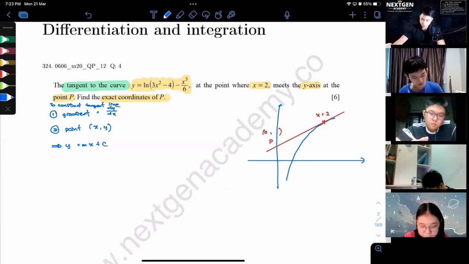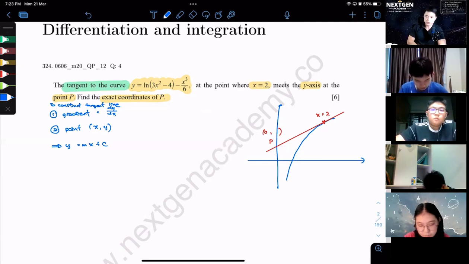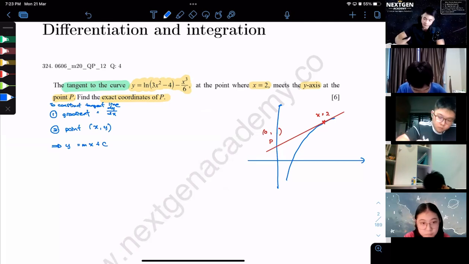All right, so you need to use both your knowledge from differentiation 1 and differentiation 2. Go find what's your gradient first. This is a 6 marks question.